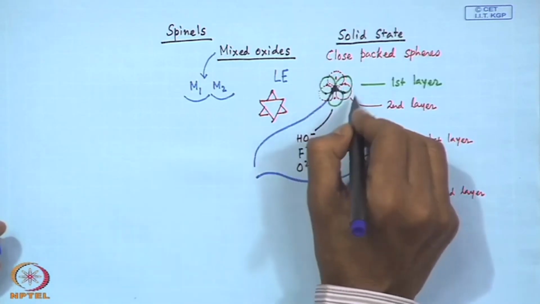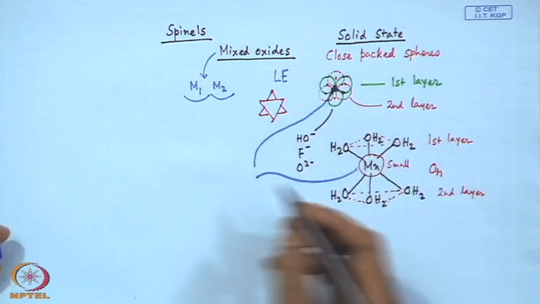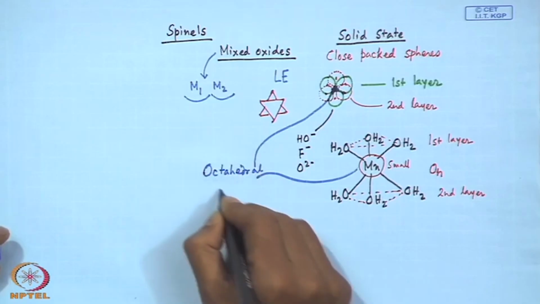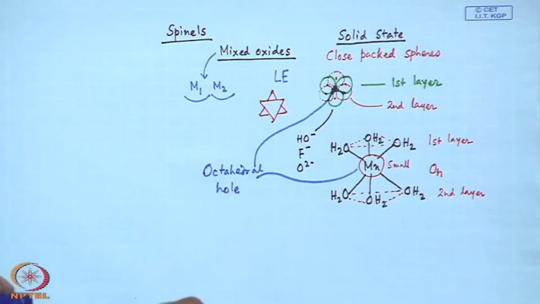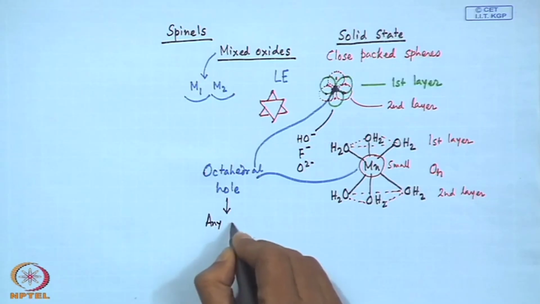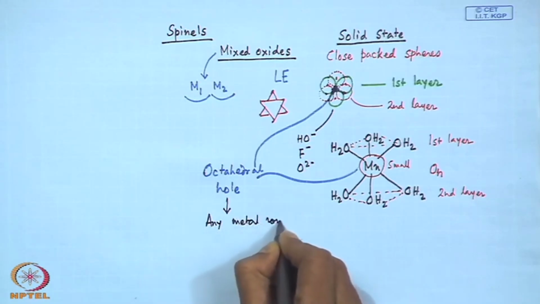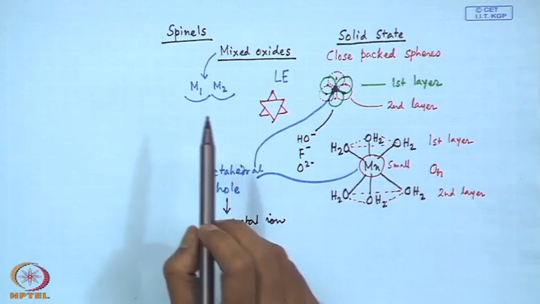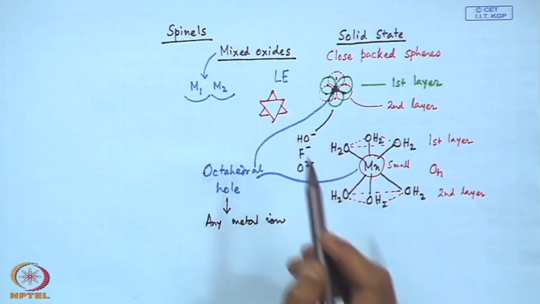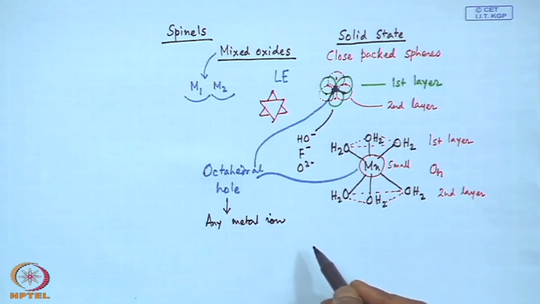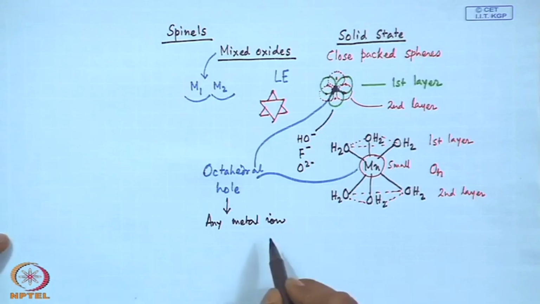So, due to this close packing of spheres, we have generated one octahedral hole, and within that octahedral hole we can now put any metal ion, say this manganese also. So, this gives rise to the corresponding spinel structure, and how the spinel structure can also be controlled is due to the energy calculations in terms of the stabilization due to the crystal field.